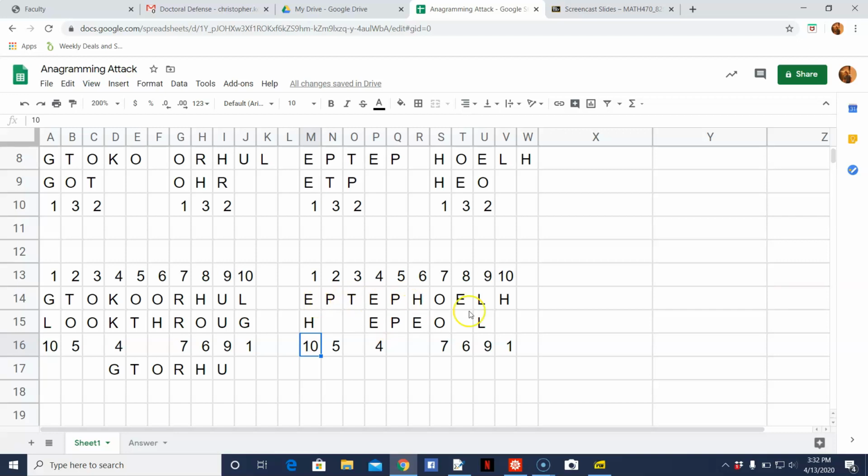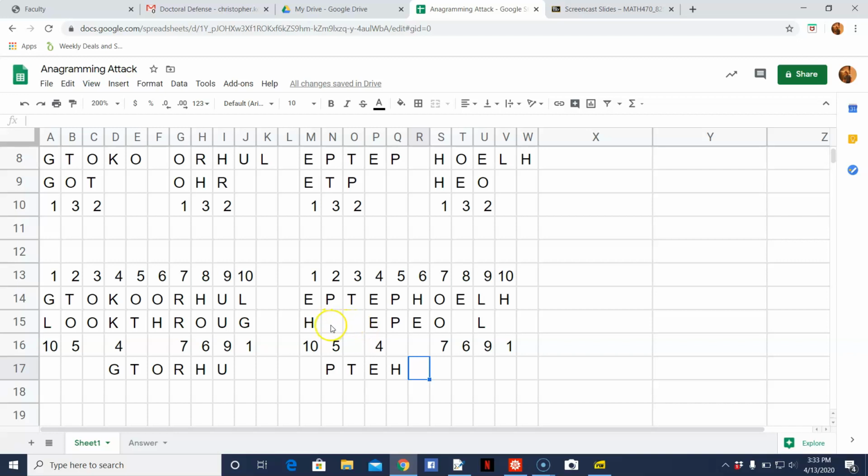So now I want to look at what's left in this block and see if I can make other words, or maybe something that looks like it's most of a word that might continue in the next block, and I can get another block if I need to. All right, so what's left? We have P left, we have a T left, we have an E and an H. All right, well, the E, highly unlikely to go in either of these positions, okay?